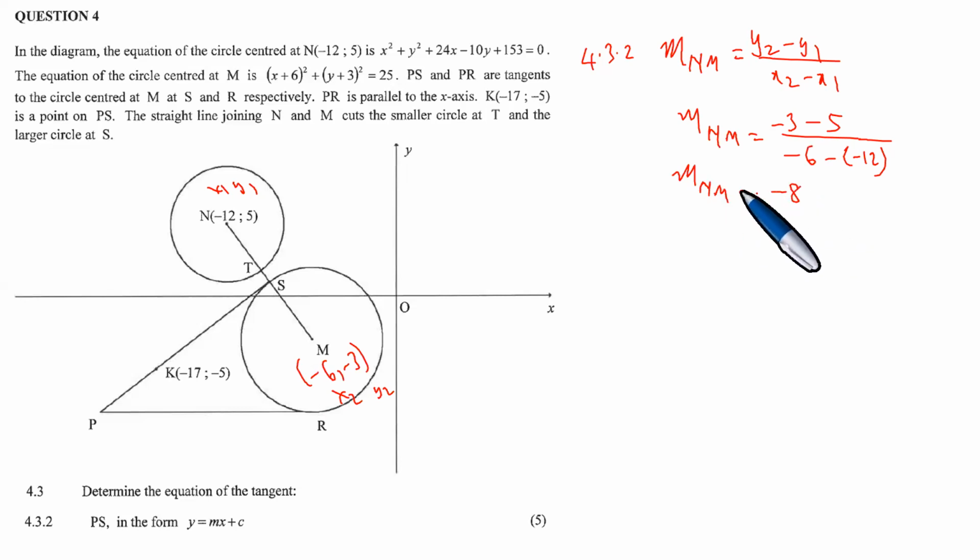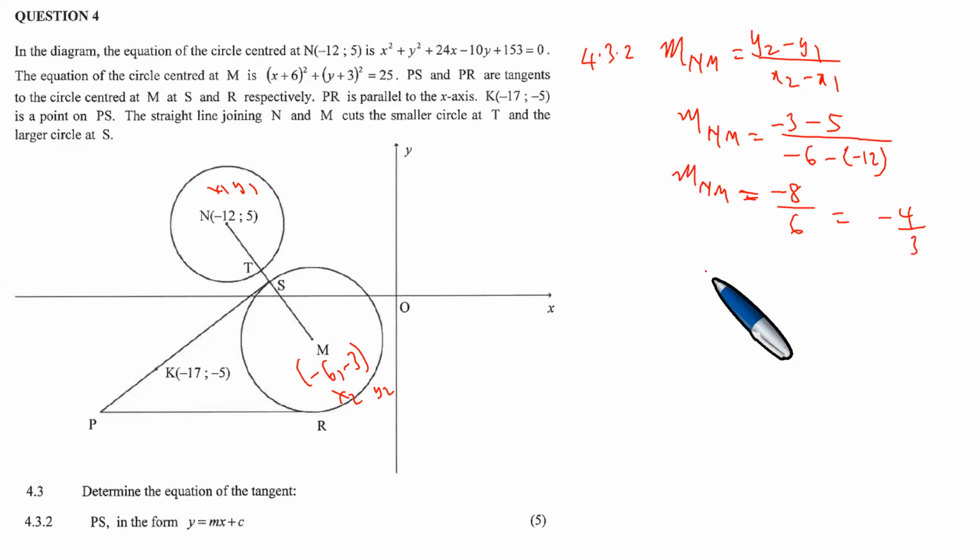So this is -8 divided by 6. What is the answer? It is -4/3, dividing by 2 both numerator and denominator.